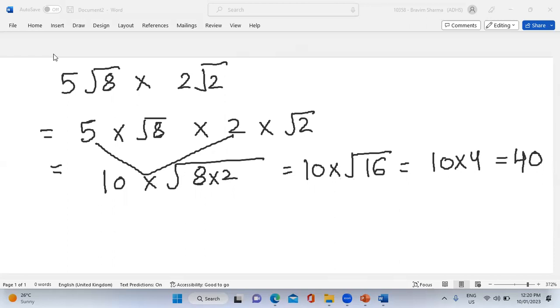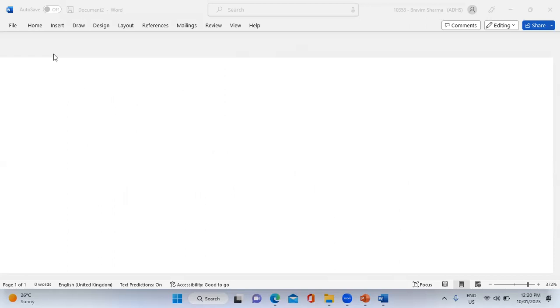Then comes a little advanced type of questions in surds multiplication: surds with one bracket for the multiplication. For example, we have square root of 2 times 3 plus square root of 2 in bracket. Here no sign is given, so that means it is a multiplication.